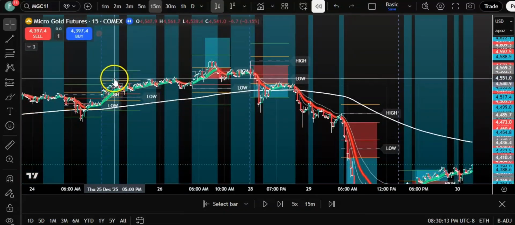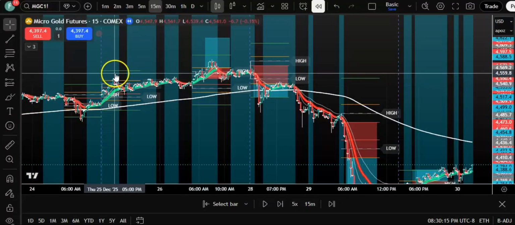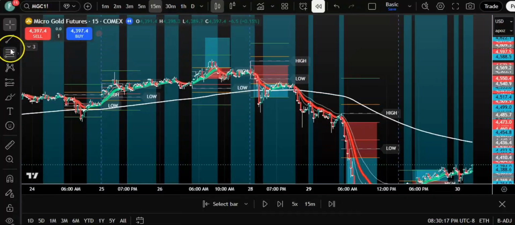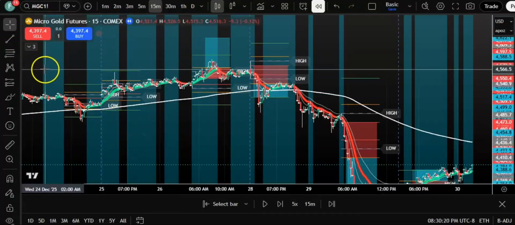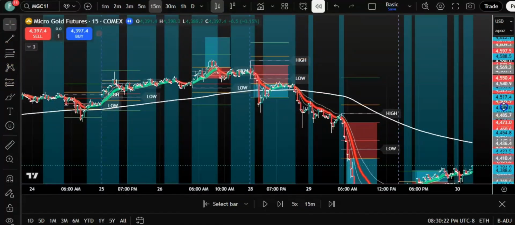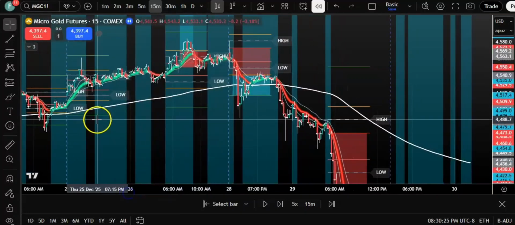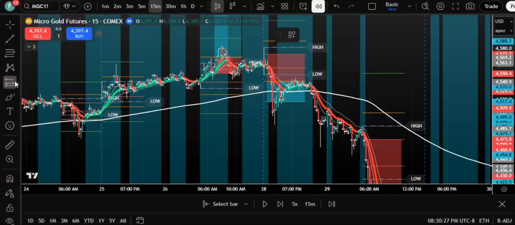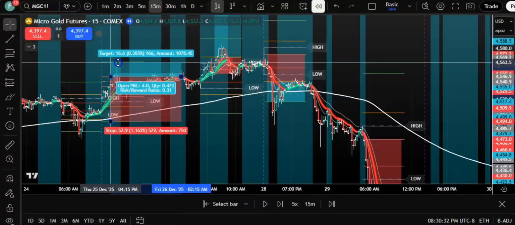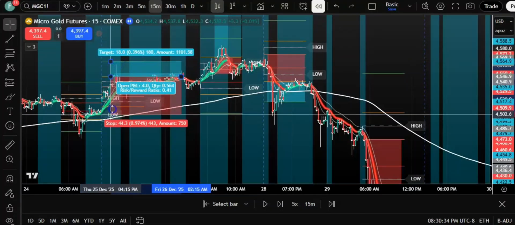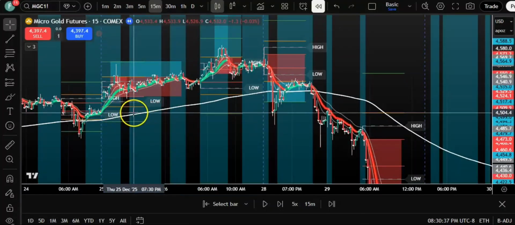Look, this one was so close to hitting TP right here. Stop loss right there.